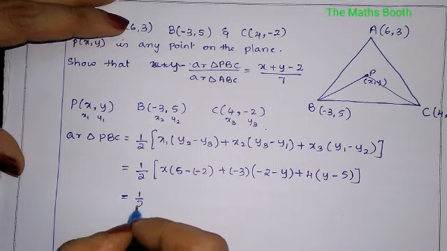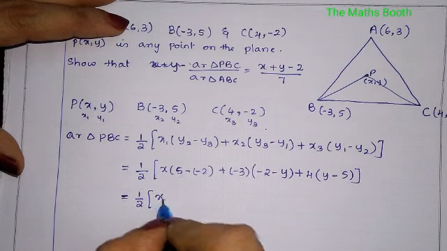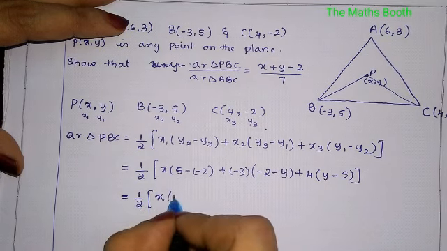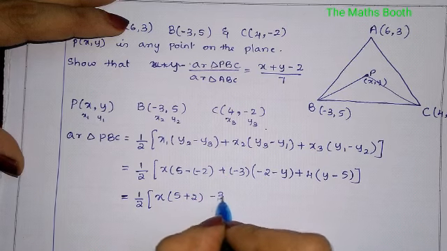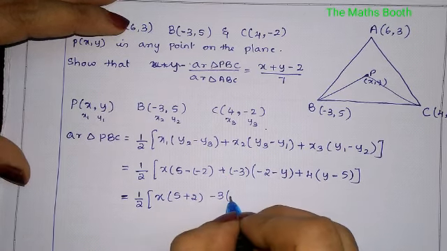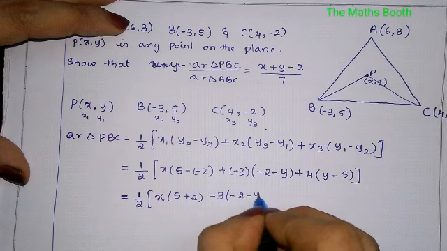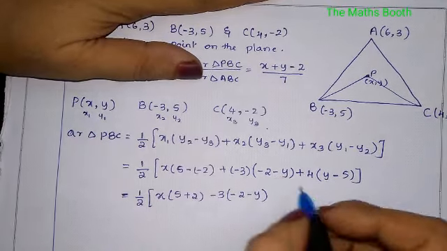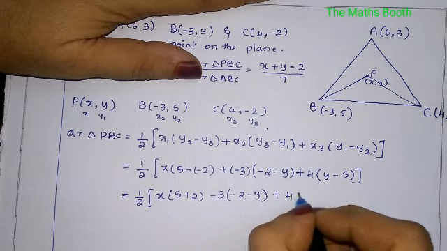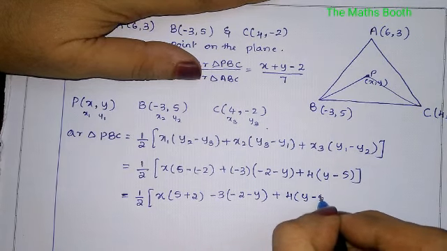Half as it is, x outside as it is, 5 plus 2, plus minus 3 into minus 2 minus y, because we cannot add these as they are unlike terms, plus 4 into y minus 5.